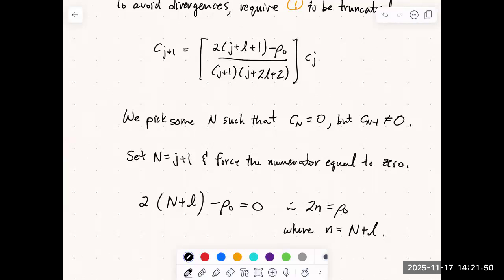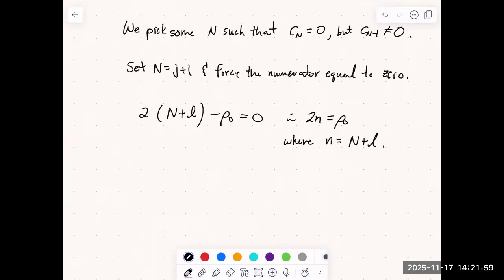So if big N and L are both integer, then so is little n. Okay, both big N and L are integer. Therefore, little n is also integer.